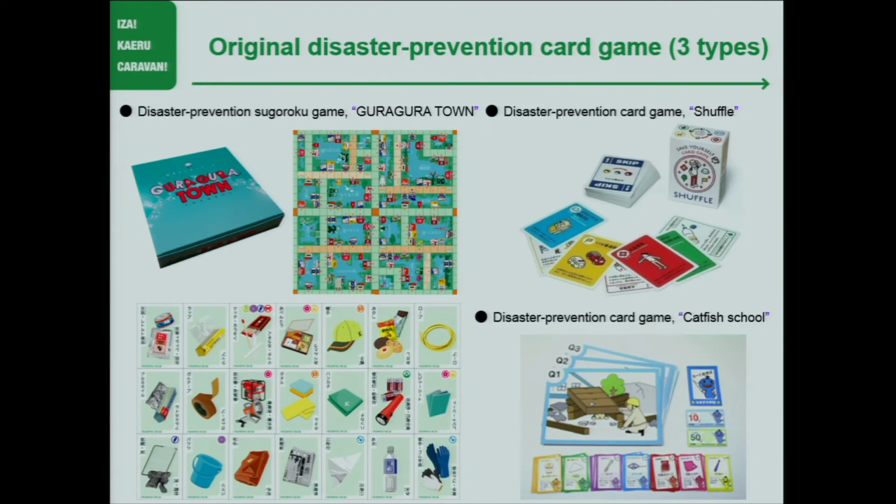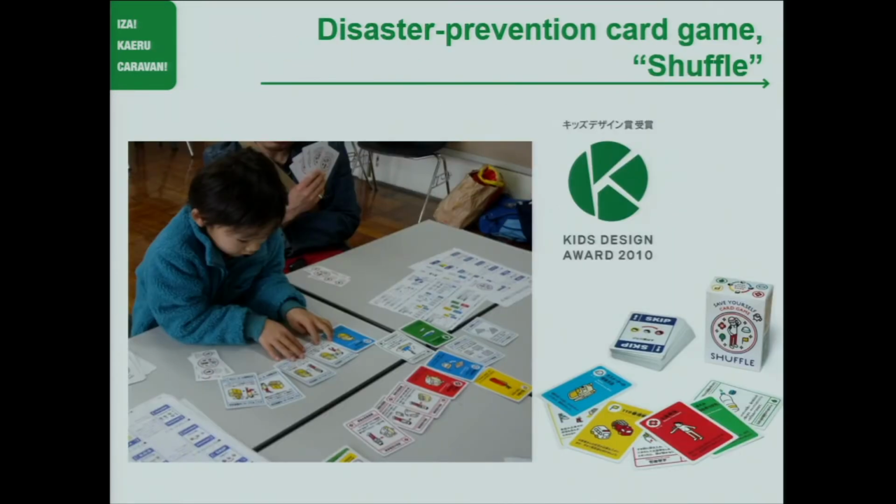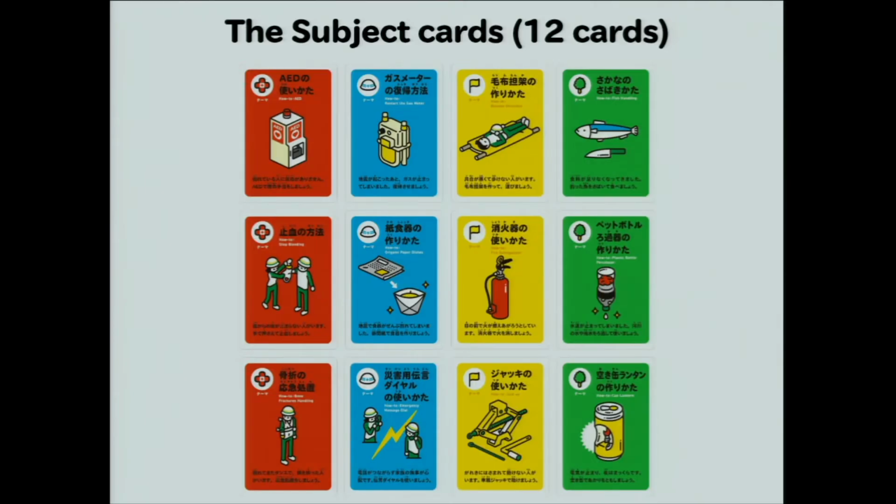And there were also card games and board games that we have introduced. We have 5 types of such card games and board games to familiarize the kids with disasters. And we have learned a lot from Laticon, who will be speaking to us later on. We have worked together in developing those games.